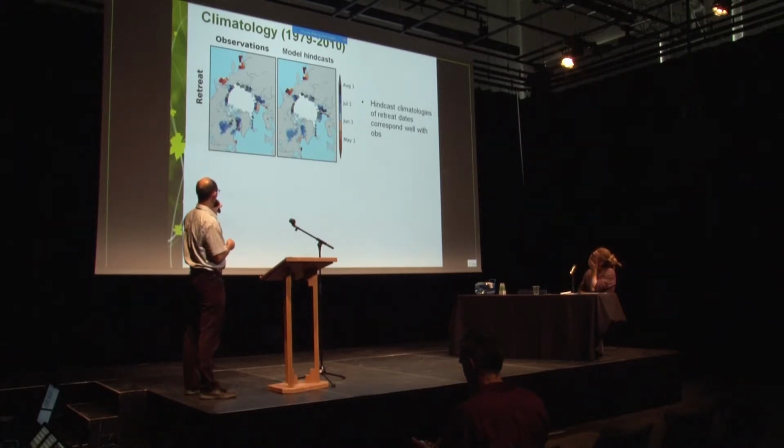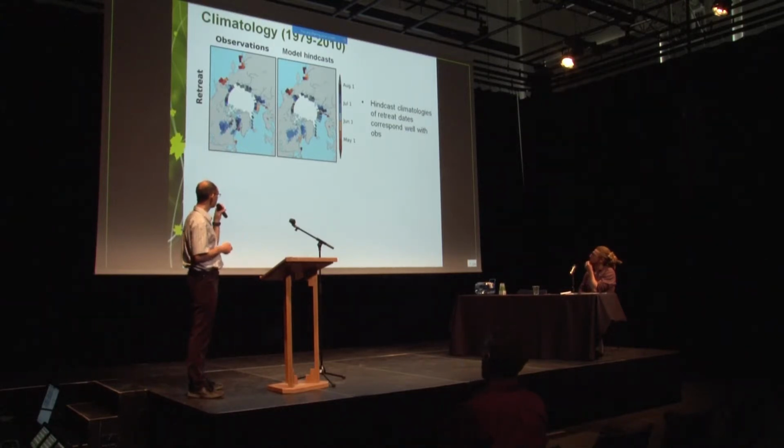So it starts to melt in the Sea of Okhotsk in April, Bering Strait, then it reaches June, and then later in the season near the Arctic Ocean. And again, this white means that it's not retreating at all over the historical period, actually.